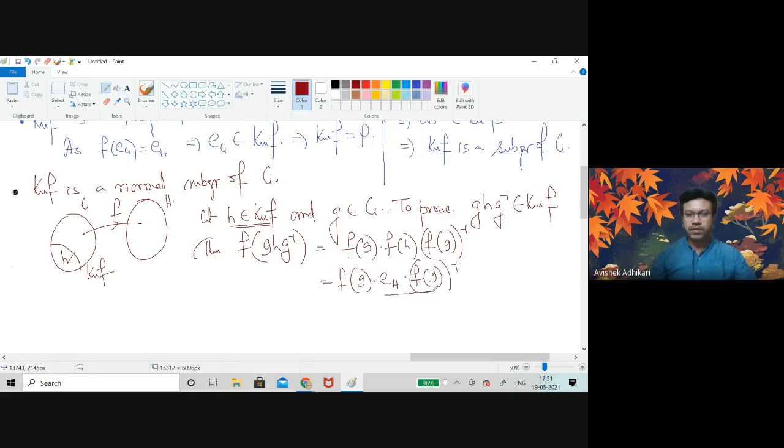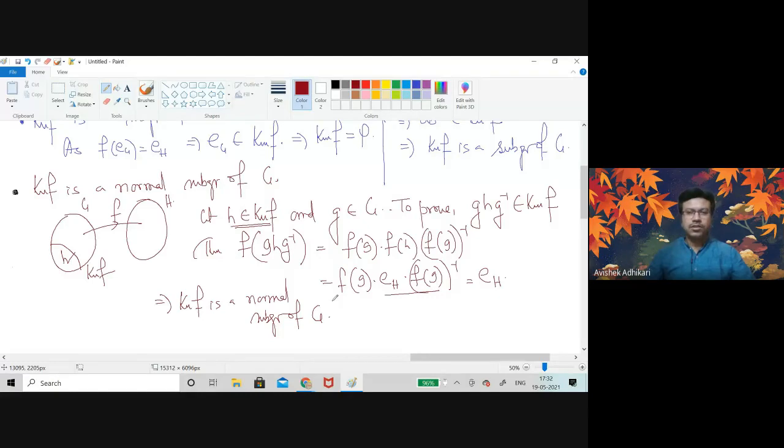So this value will be f(g) whole inverse, and f(g) into f(g) whole inverse ultimately gives you e_H. That implies the kernel of f is a normal subgroup of G.